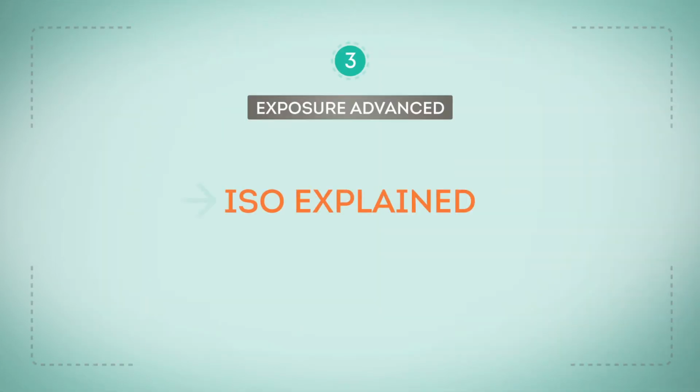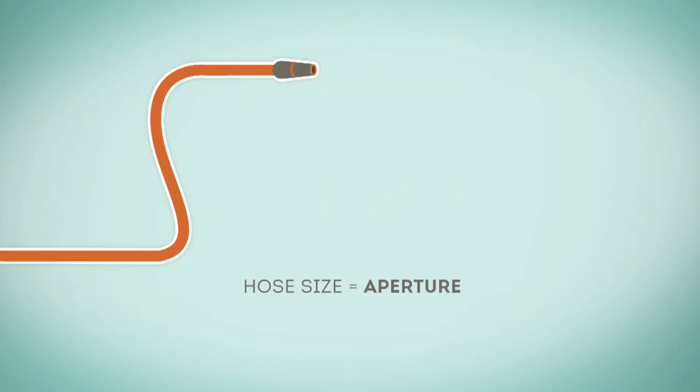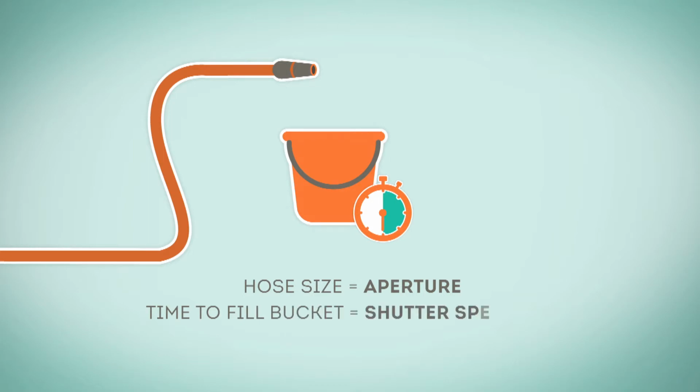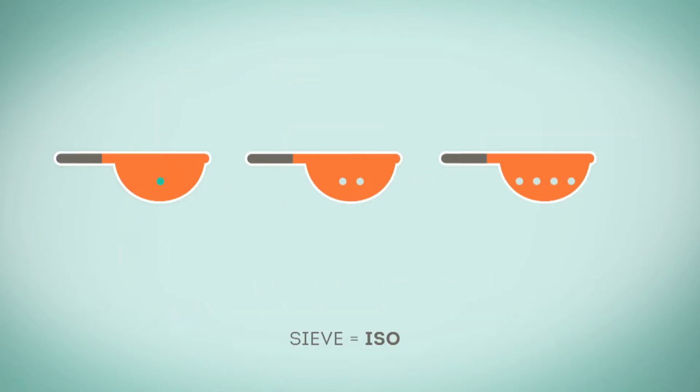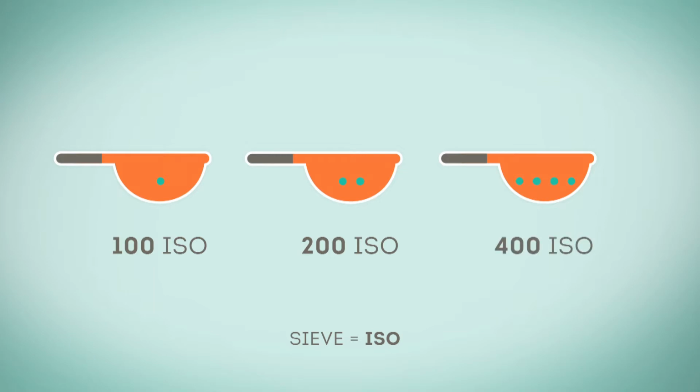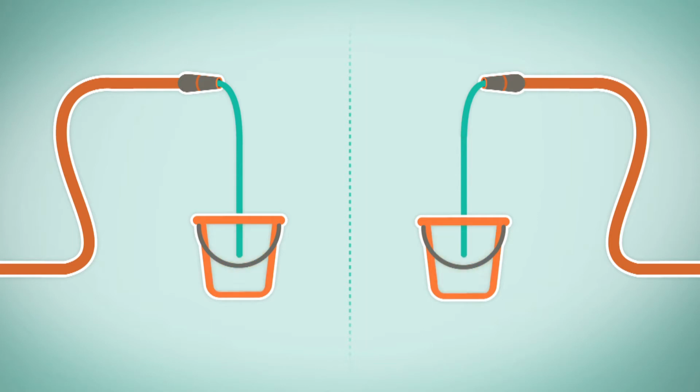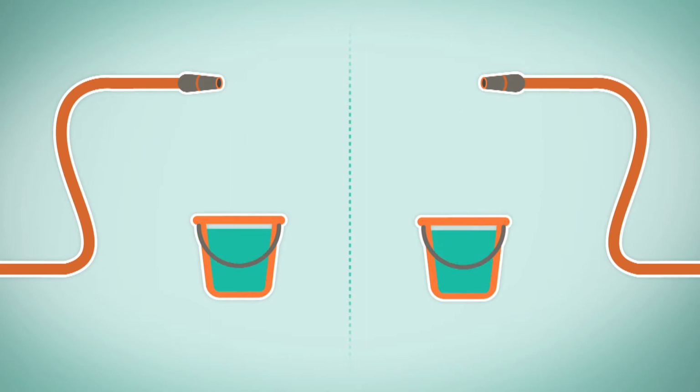To get a clearer understanding, let's go back to our bucket illustration. Remember that hose size equals aperture, time to fill the bucket equals shutter speed. Let's add a sieve with a certain number of holes that represents ISO. One hole equaling 100 ISO, two holes 200 ISO, 4 holes 400 ISO, and so on. Keeping our hose size constant, the buckets should fill at the same speed.